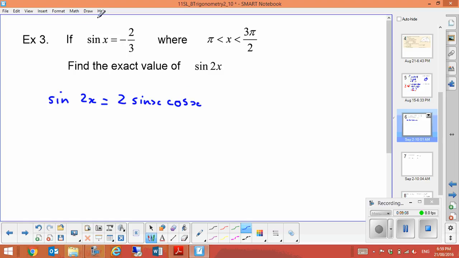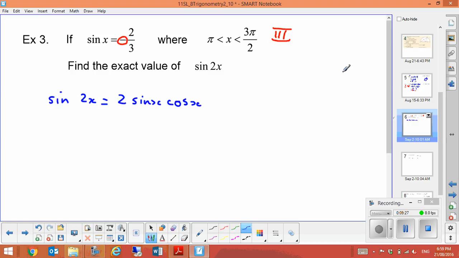Now we know sine x is minus 2/3. It's negative because we're in which quadrant? If we're between pi and 3 pi on 2, hopefully you've guessed that. It's quadrant 3, which explains why our sine is negative.